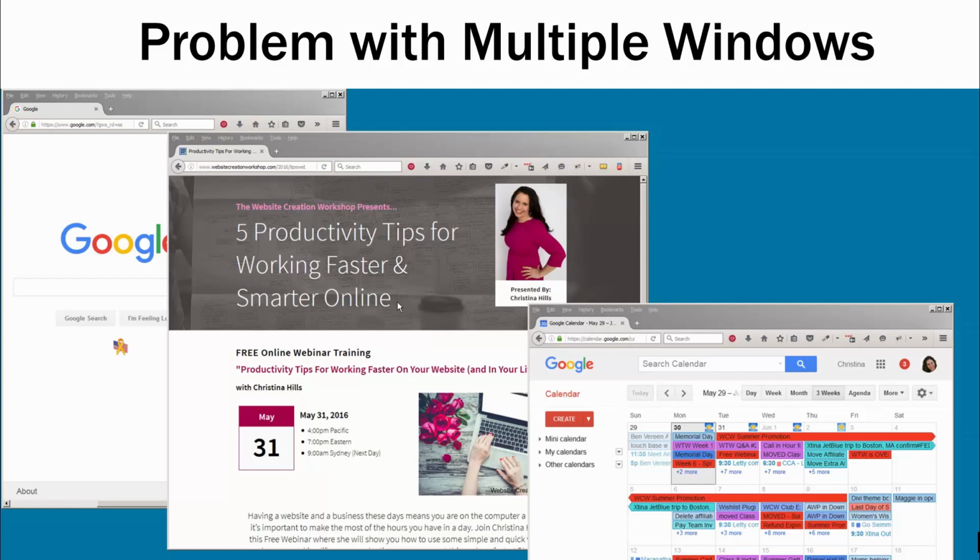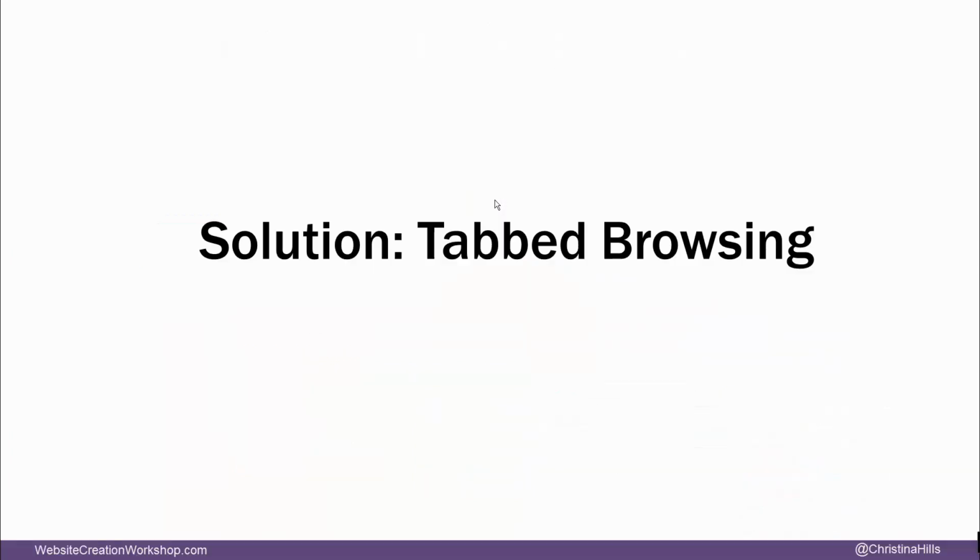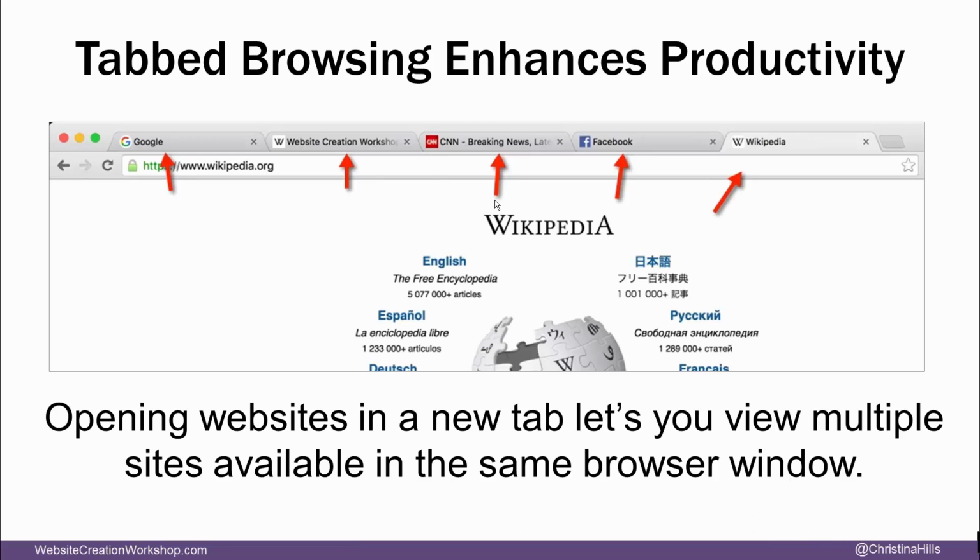So it's awkward to work when you are sitting down at your desk and you're wanting to get some things done. Maybe you've got a calendar up, maybe you've got a webinar you're going to go to, maybe you're Googling some things, and having to move these windows around is not easy. So the solution is tabbed browsing. So let me explain what that is.